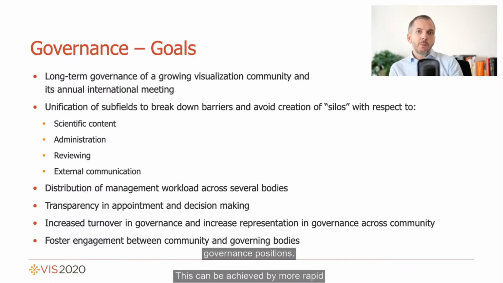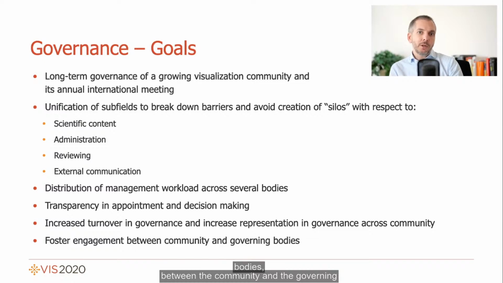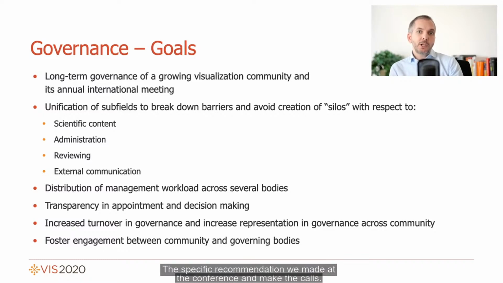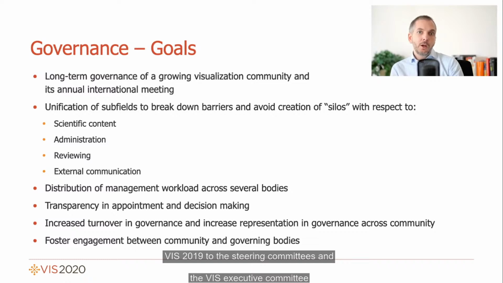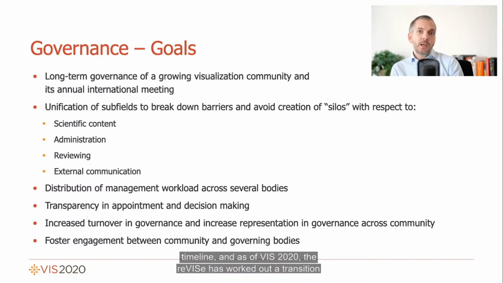This can be achieved by more rapid turnover than occurred in the past, and by actively fostering the engagement between the community and the governing bodies, that is, the committees that actually run the conference and make the calls. The specific recommendation we made at VIS 2019 to the steering committees and the VIS Executive Committee followed these goals and ended up being adopted by vote of all steering committees and the VEC in April 2020. reVISe has worked out a transition timeline, and as of VIS 2020, the transition is complete.